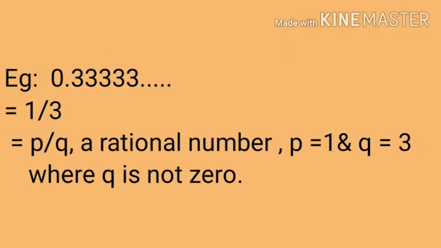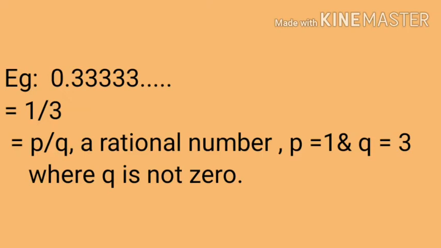Now, let us take some non-terminating and repeating decimals and convert them into a rational number of the form p by q. Here, you should have the knowledge of converting a non-terminating and repeating decimal into the form of p by q. Then the things become easier.